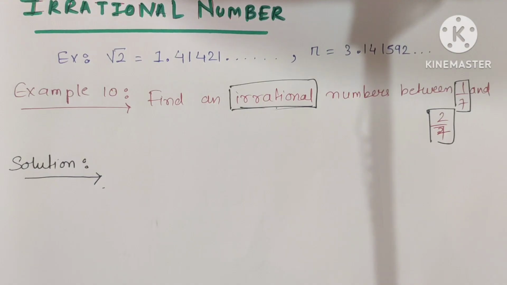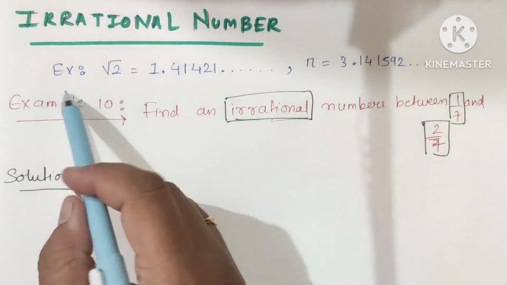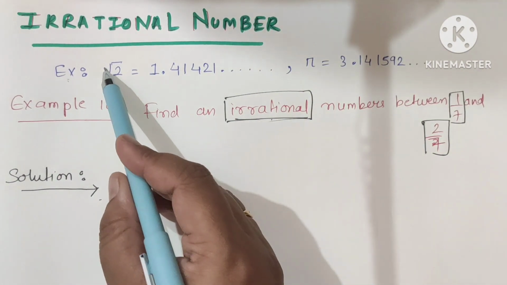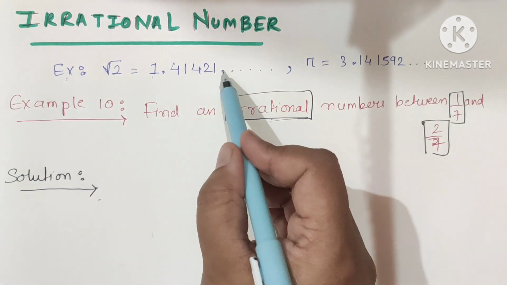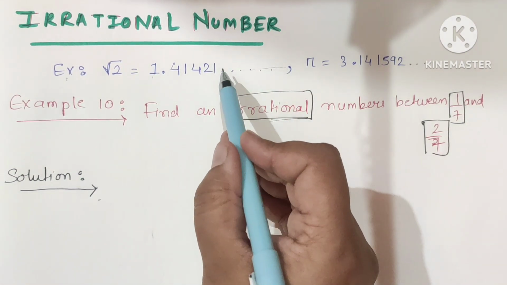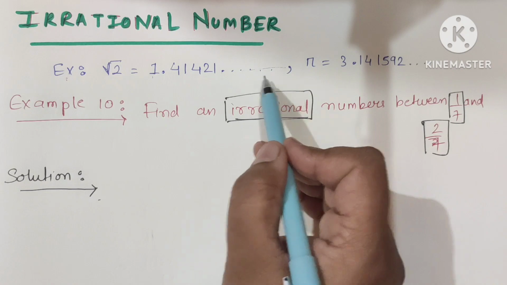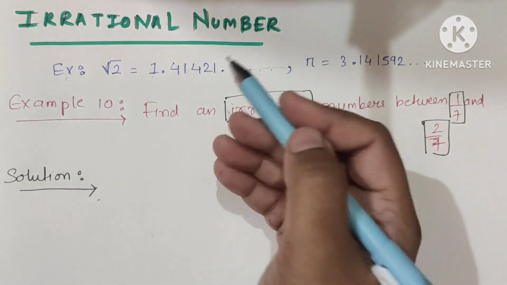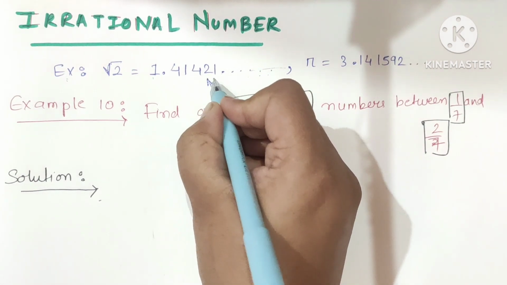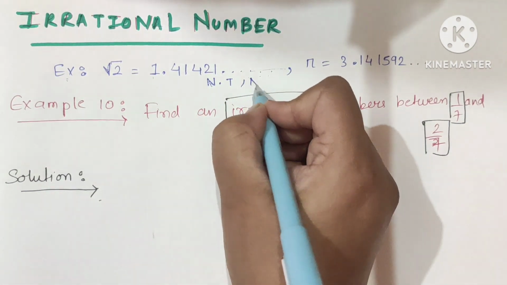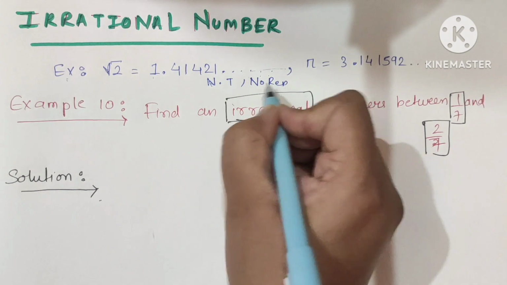Now here, irrational number examples given in your textbook are root 2, 1.4142 and so on. This number is not going to terminate, and it will not repeat even. There will be no repetition.